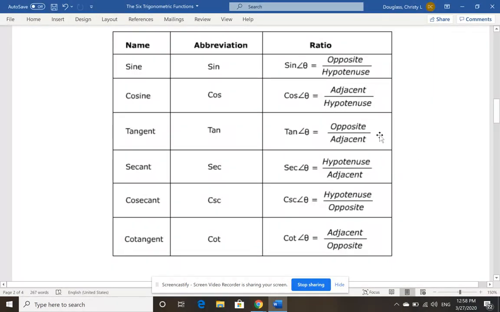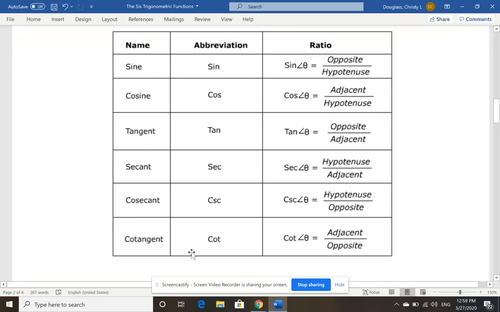And if you flip opposite over adjacent upside down, you end up with cotangent. So these last three are just the reciprocals of the first three. So sine is the reciprocal of cosecant, cosine is the reciprocal of secant, and tangent is the reciprocal of cotangent.